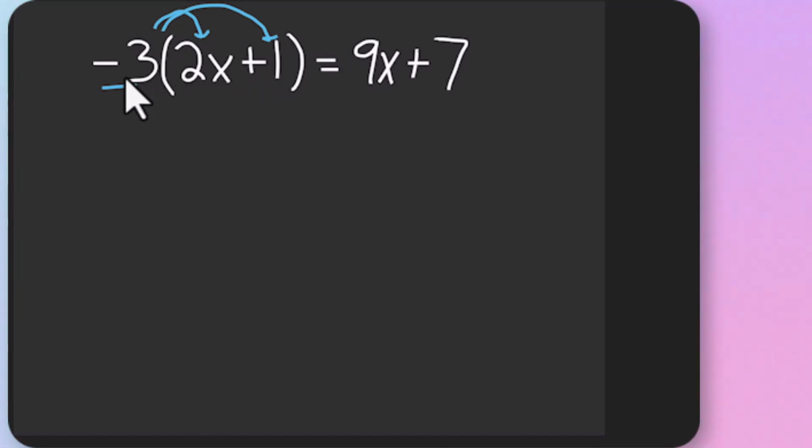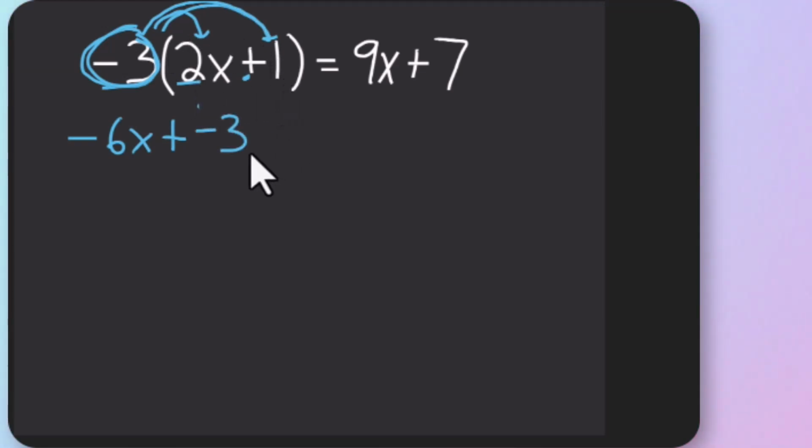I'm going to need to do the -3 times the 2x, and that's going to get me a -6x. Then I bring down the plus, then I do the -3 times that 1, so -3 times 1 is a -3.